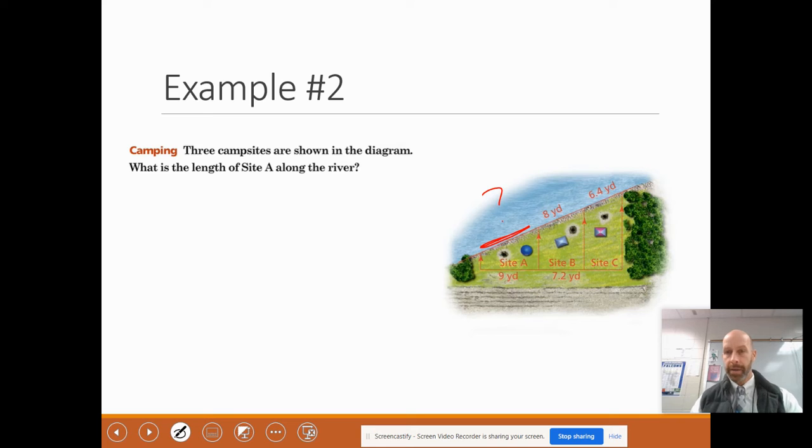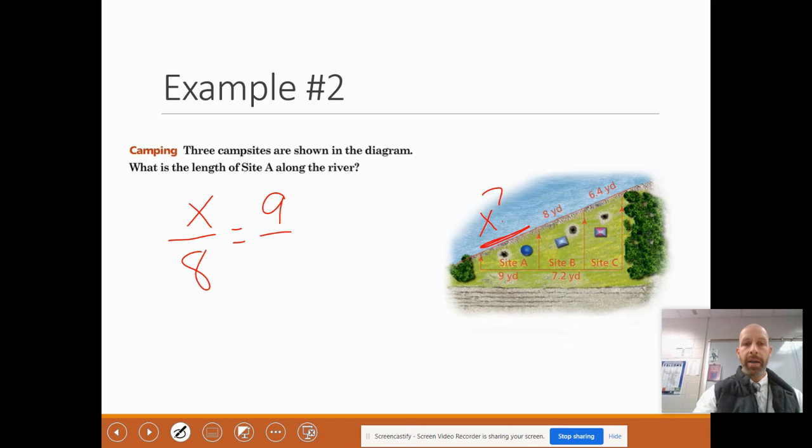In this case, I'm just going to call this side x. And I'm going to say that x is to 8, so I'm going from this side of the river for side A to side B, is going to be equal to 9 is to 7.2.